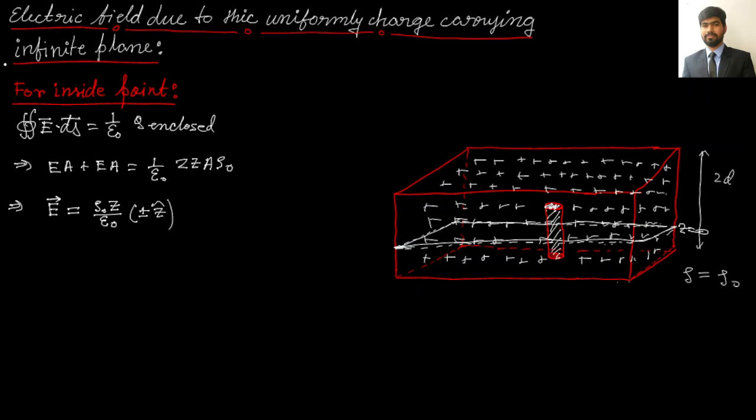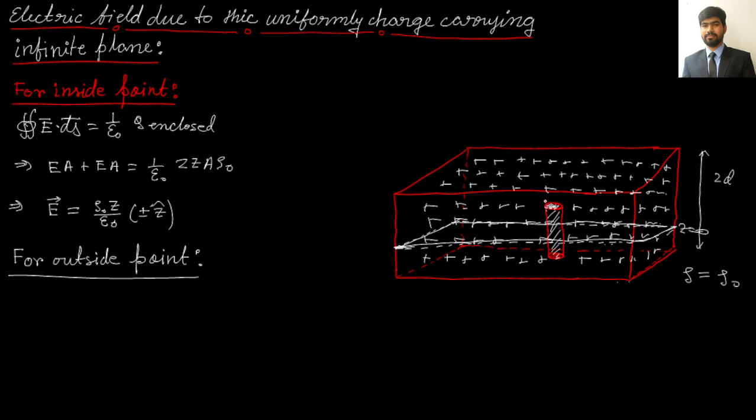Now if we want to calculate electric field outside this layer, charge carrying plane, then what will be that electric field? So right here for outside point, what we can do, we can consider this top surface and bottom surface outside this layer.